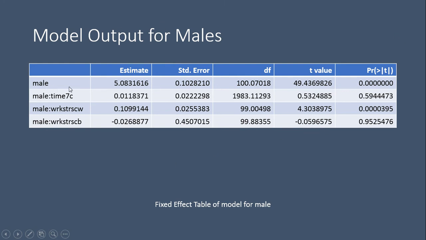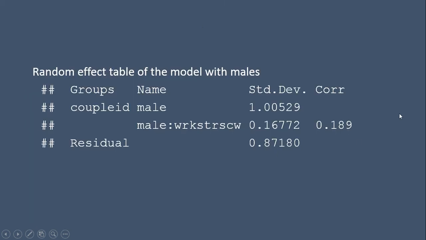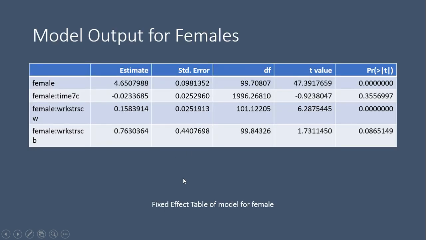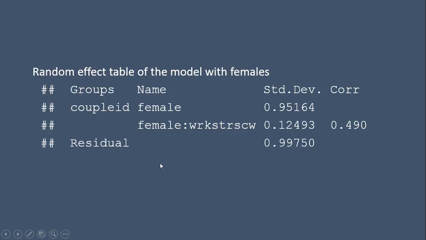We can see that the average relationship dissatisfaction is 5.08 and is significant, and the interaction between male and work stressor is also significant. Randomly, we do not have much correlation here, and 4.65 is significant, and 0.16 is also significant here.